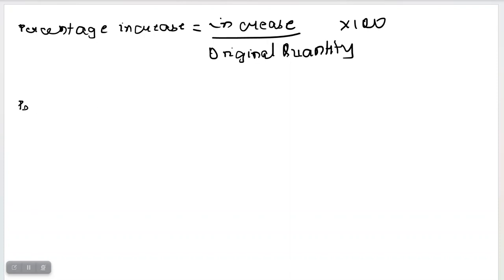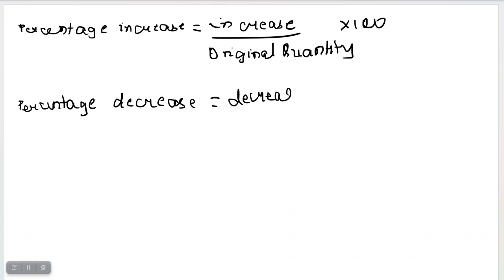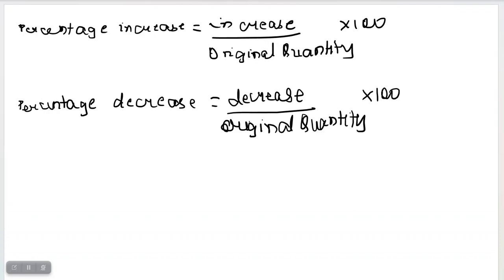Also, there is one more formula for percentage decrease, which is given as decrease upon original quantity into 100. These 5 formulas are there.